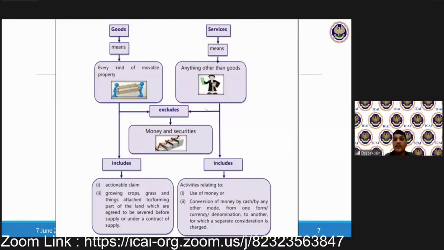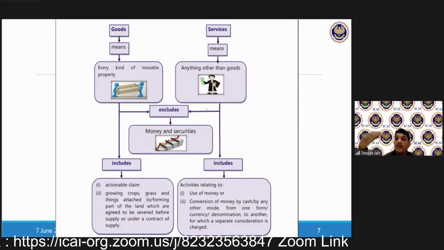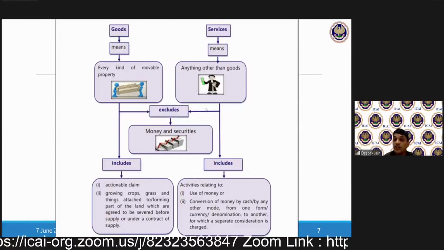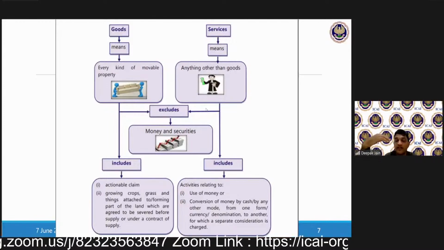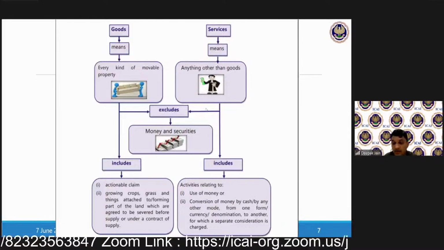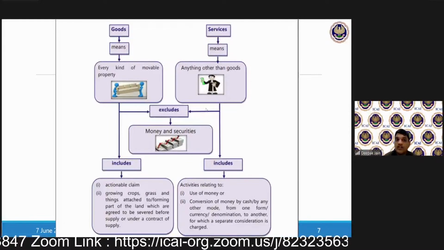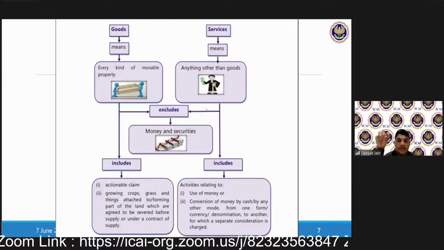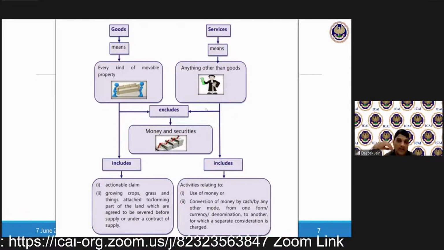You have a right to claim that money back for the goods you have sold. Okay, you have an actionable claim against your debtor. You can claim the money from your debtor. If he doesn't give you, you can take some action, legal action also, saying that I had supplied goods to him and he's not paying money to me, right? So that is an actionable claim. A claim with action which you can do is an actionable claim.